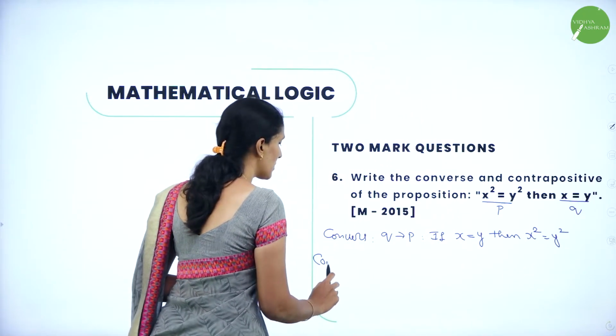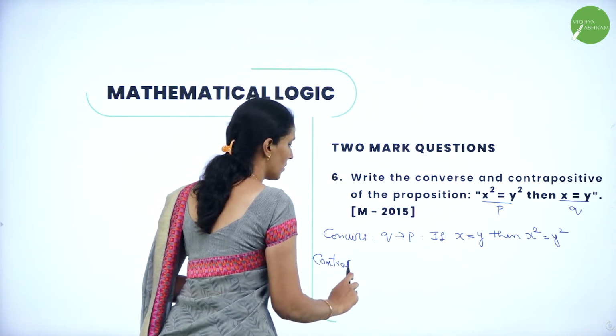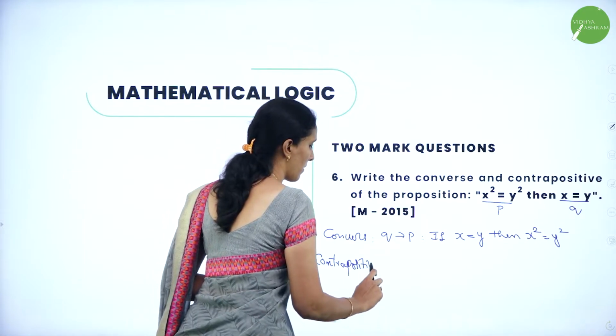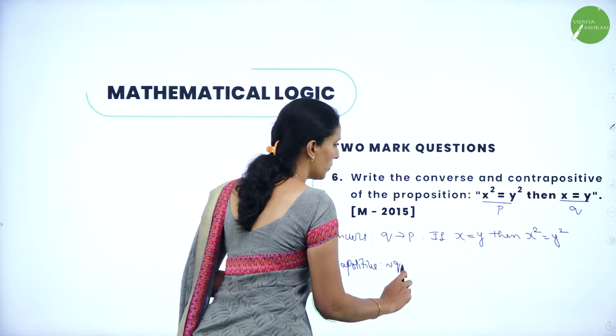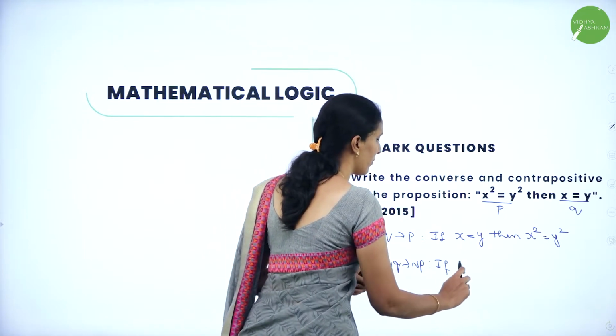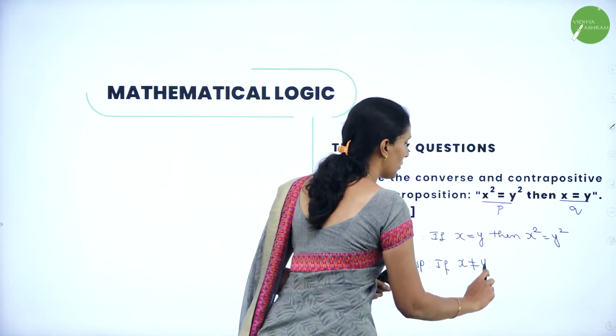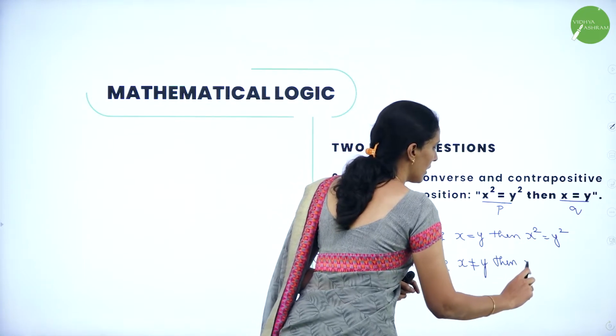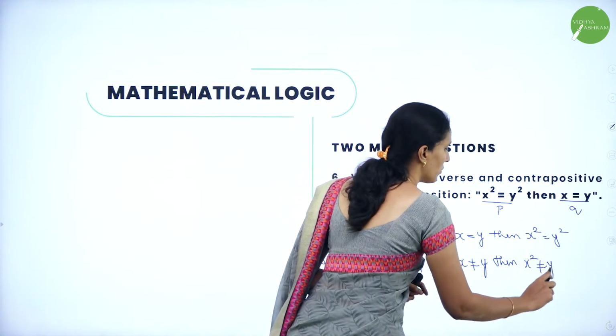Next, contrapositive is not Q implies not P. So therefore what I should write here: if x is not equal to y, then x square is not equal to y square.